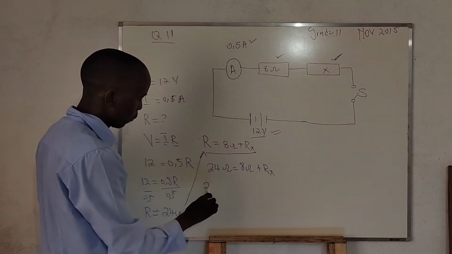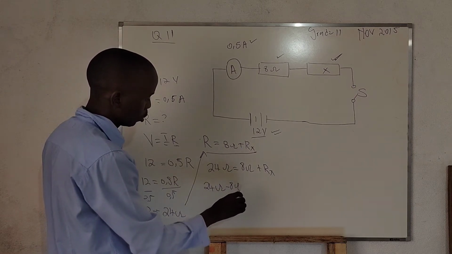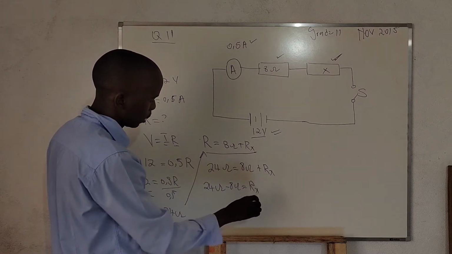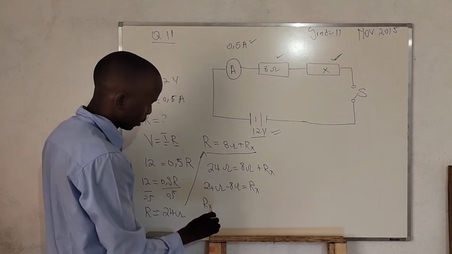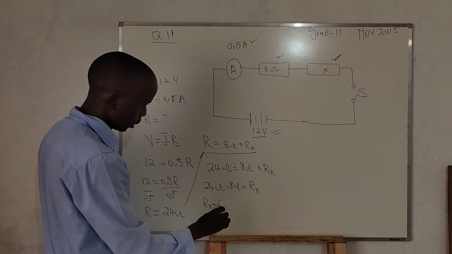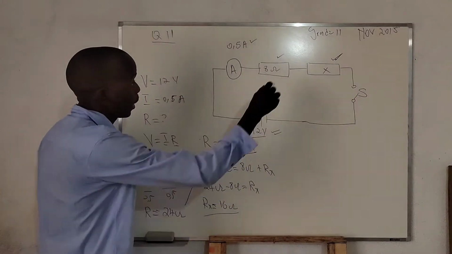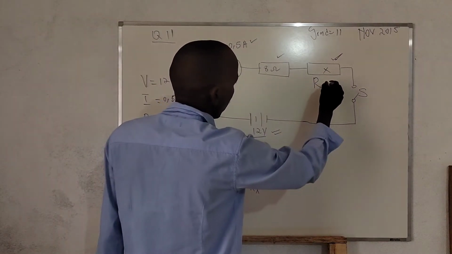Then 24 ohms minus 8 ohms equals Rx. Therefore, Rx is 24 minus 8, which is 16 ohms. So Rx, the resistance of the unknown resistor, is 16 ohms.